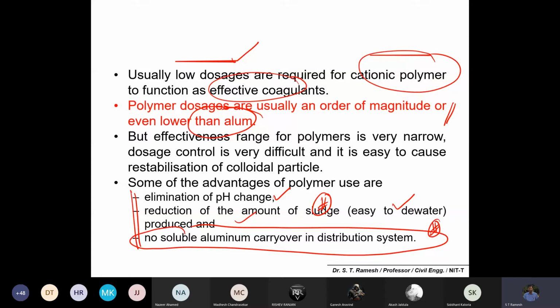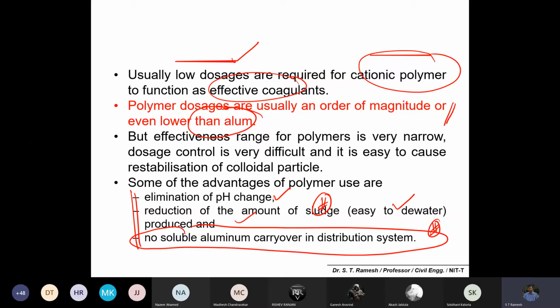There could then be addition of unutilized aluminum in the drinking water. The problem of aluminum, as you would have studied, is that it can cause Alzheimer's disease related to brain damage and neural damage.